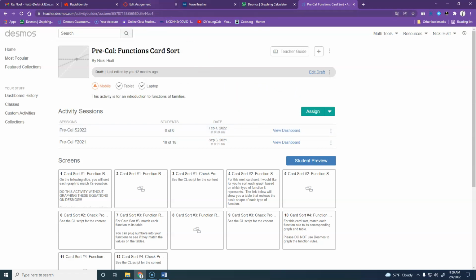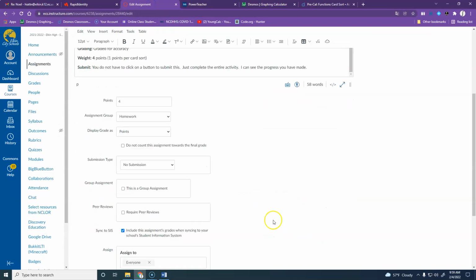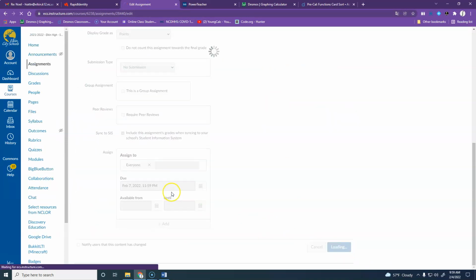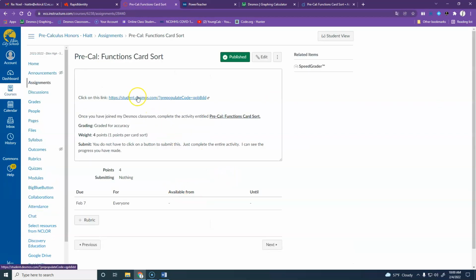Okay, so can somebody, let me publish it. Let me save this. Can somebody go into Canvas real quick and click on that link and just make sure it takes you to Desmos classroom? If anybody, well, I don't know, go do it on your phone. Blaine's going to do it for you. Thank you, guys. I'll have this working where the link will take you to what you're supposed to do.